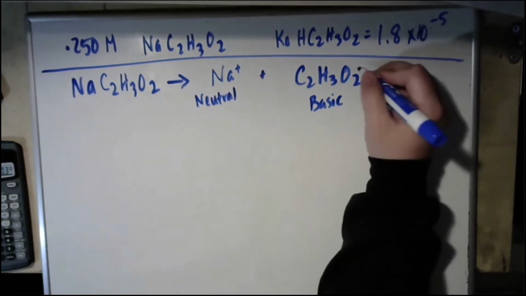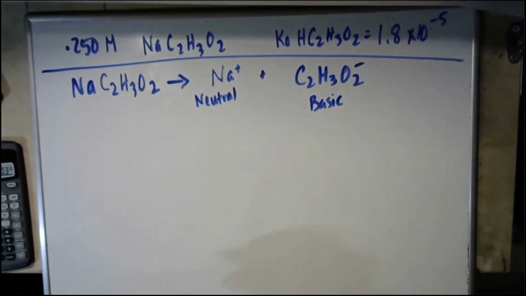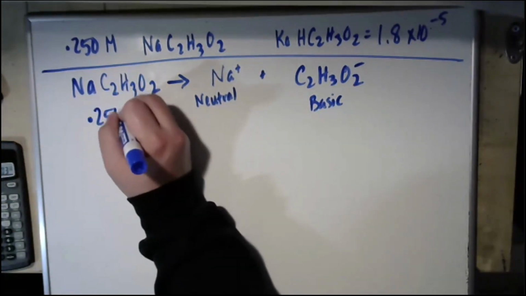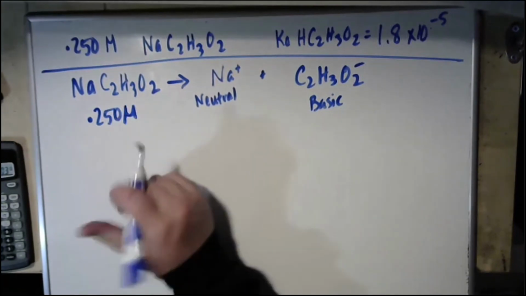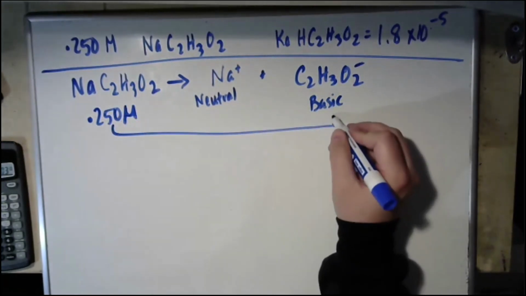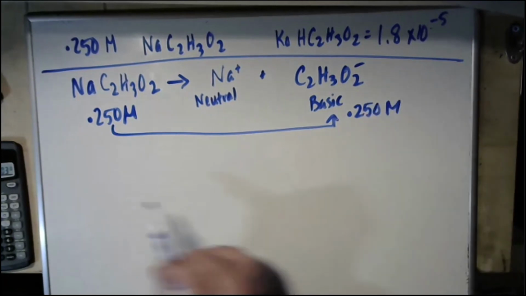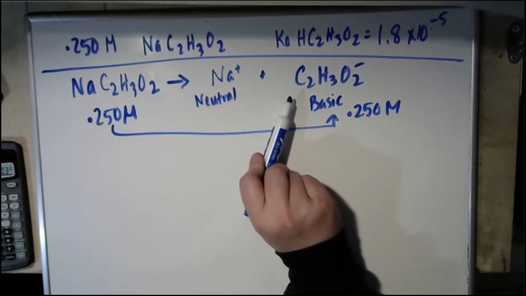We also know that if we have 0.250 molar sodium acetate, that molarity carries over to our ion because they have a 1-to-1 molar ratio.